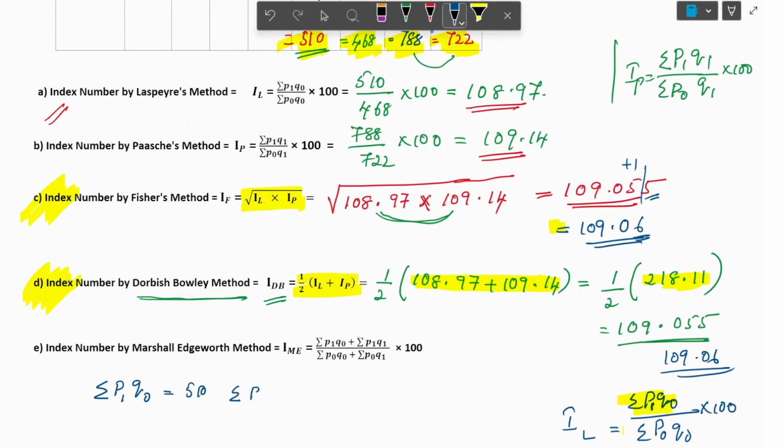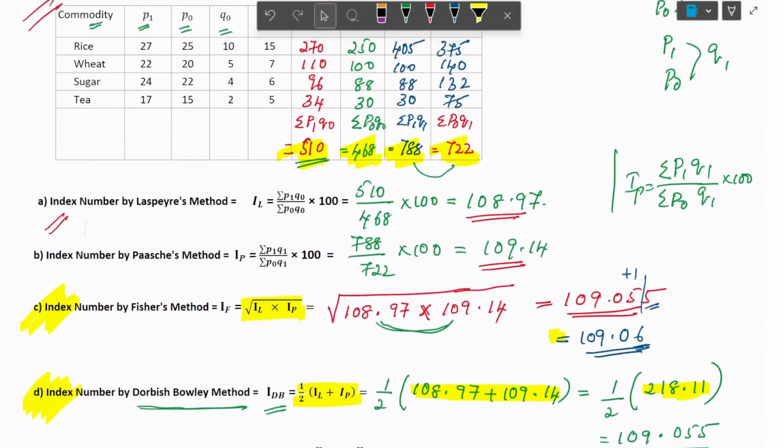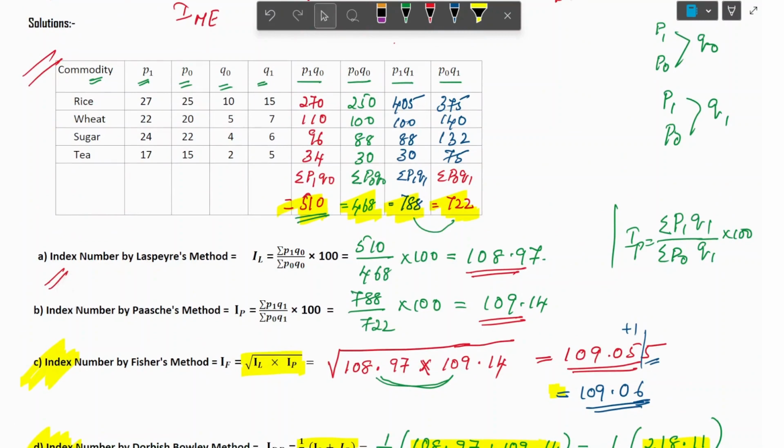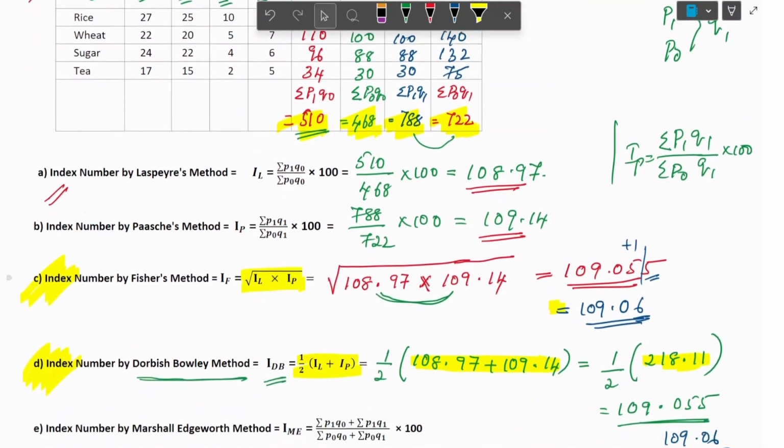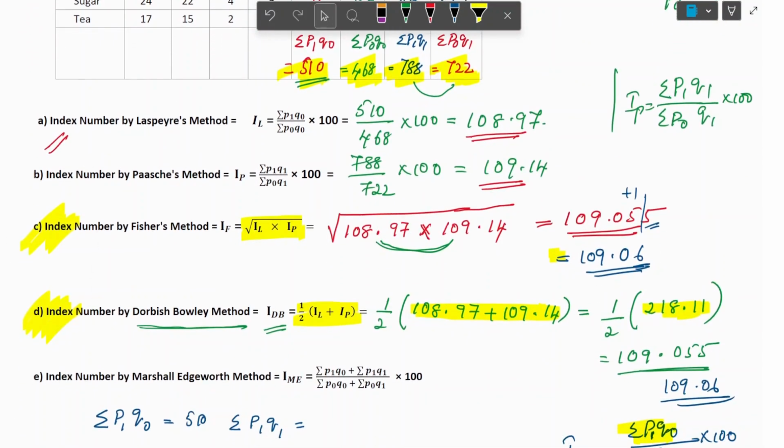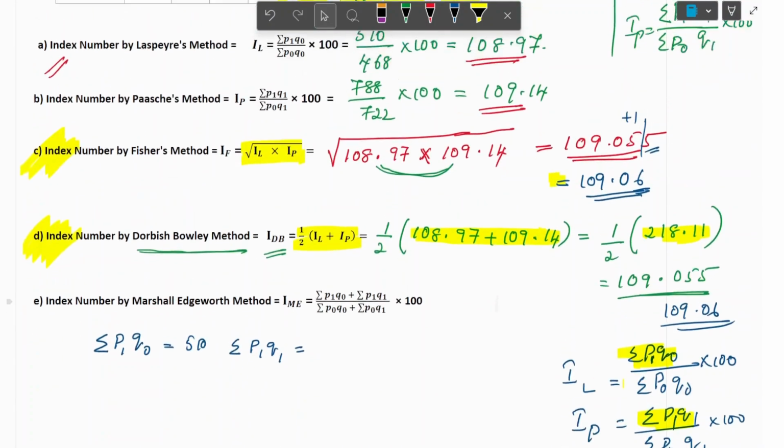Next sigma P1 Q1. Don't make a mistake here. P1 Q0 is 510. Next is P1 Q1, right? That is 788.